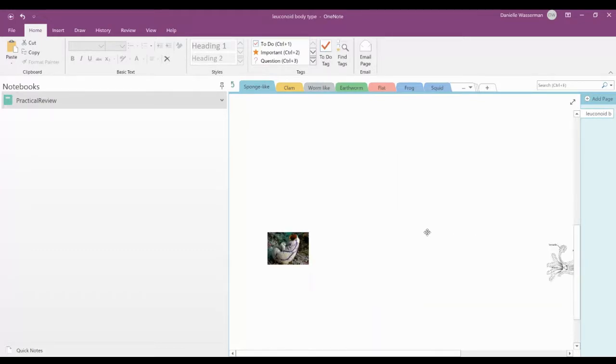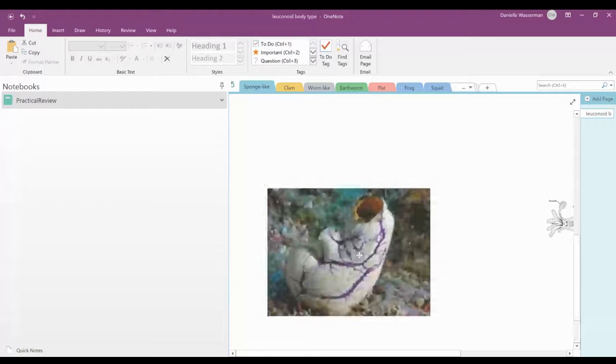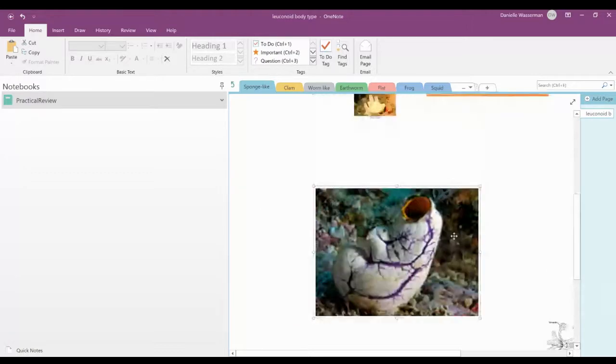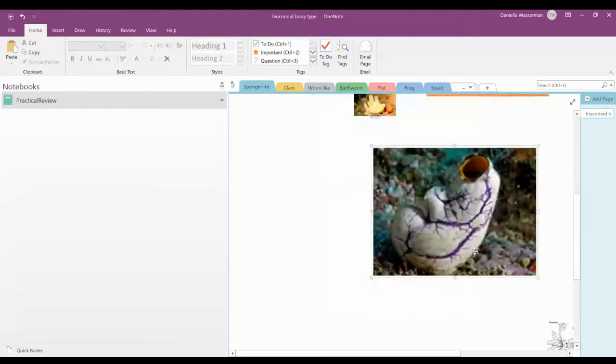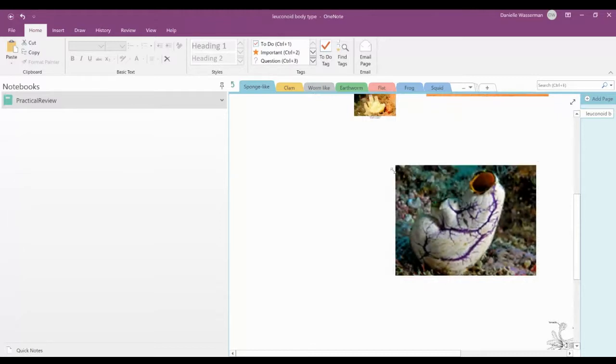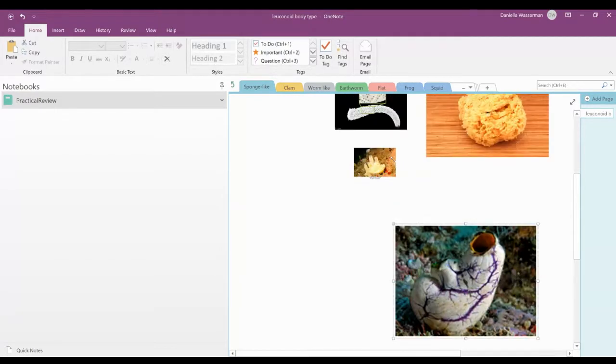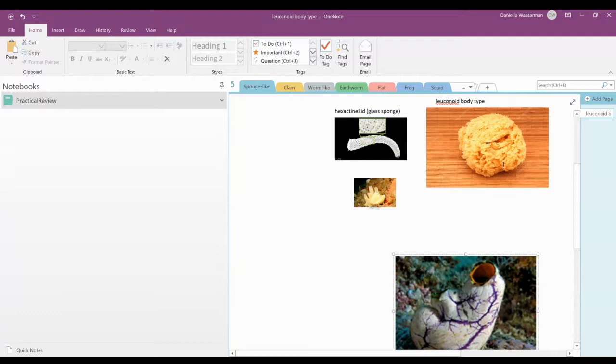Okay, so some other sponge-like creatures. How can you tell it's not a sponge? Well, for one, this tunicate, which is far more complex than the sponge, has two openings.